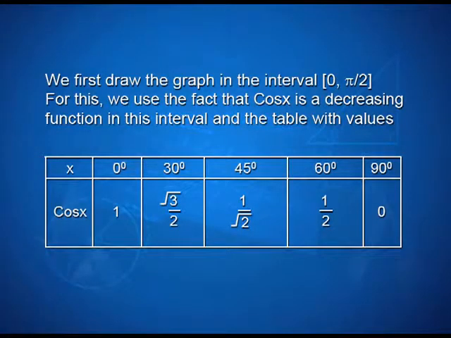For this, we first draw the graph in the interval 0 to pi by 2, and we use the fact that cos x is a decreasing function in this interval, and the table with values cos 0 is 1, cos 30 degrees is root 3 upon 2, cos 45 degrees is 1 upon root 2, cos 60 degrees is 1 upon 2, and cos 90 degrees is 0.